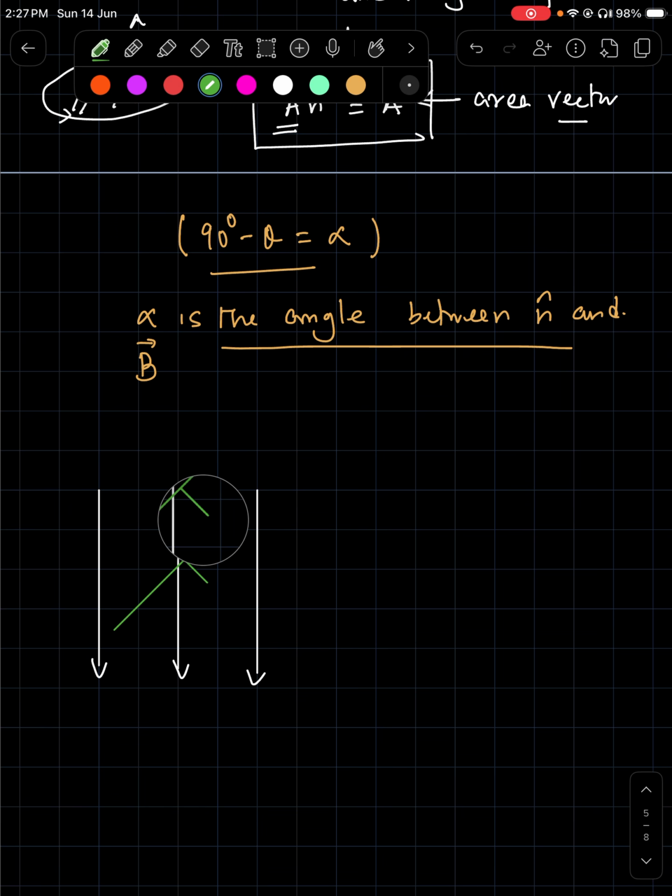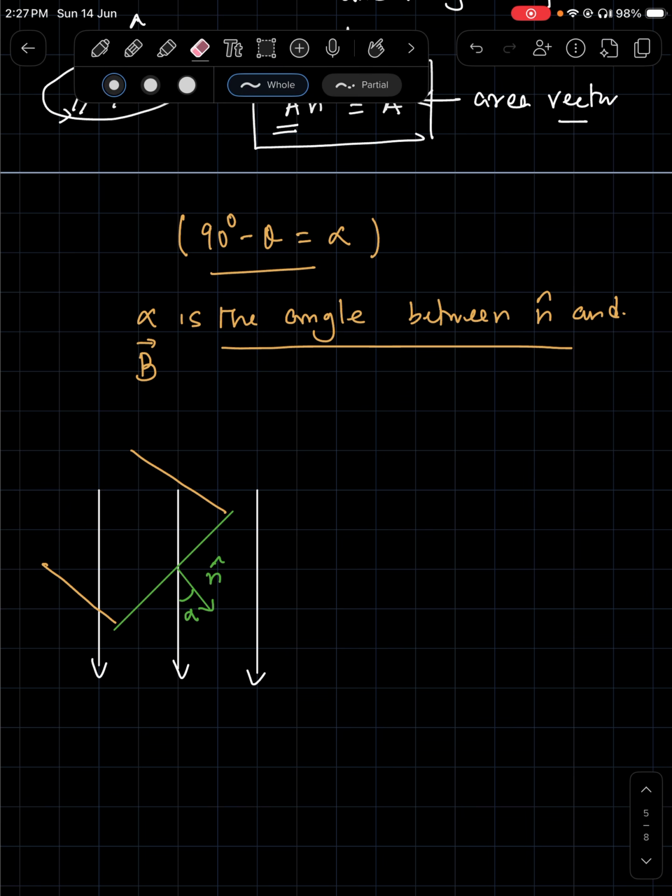If you choose the opposite convention, it does not matter. Then this angle, you have to take as alpha. So this is the plate we are talking about. I have to draw it properly so that you can understand better. Actually, the plate is rotating like this.